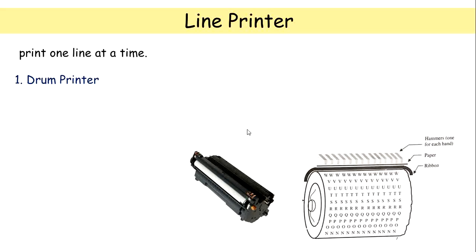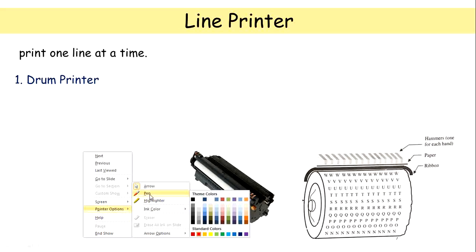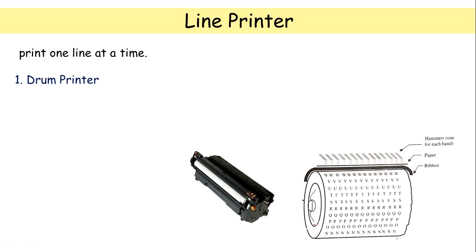Next type is line printer. They print one line at a time, and an example of line printer is drum printer. There is one drum like this, there is one hammer, paper comes from here, and there is one ribbon.